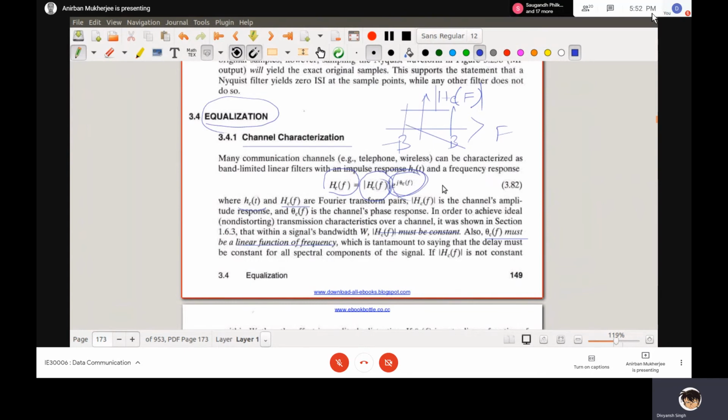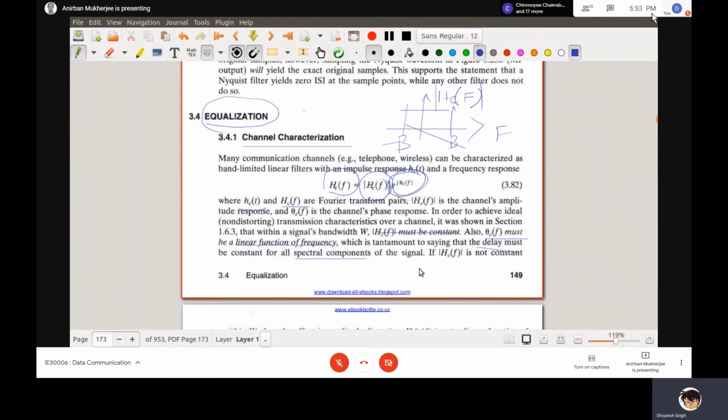This is a linear function of frequency, and that amounts to a time delay. And this time delay must be constant for all spectral components, please remember. Say I have a signal composed of 1 hertz and 2 hertz, where 1 hertz is 1 volt and 2 hertz is, say, half a volt. This is moving through a channel.